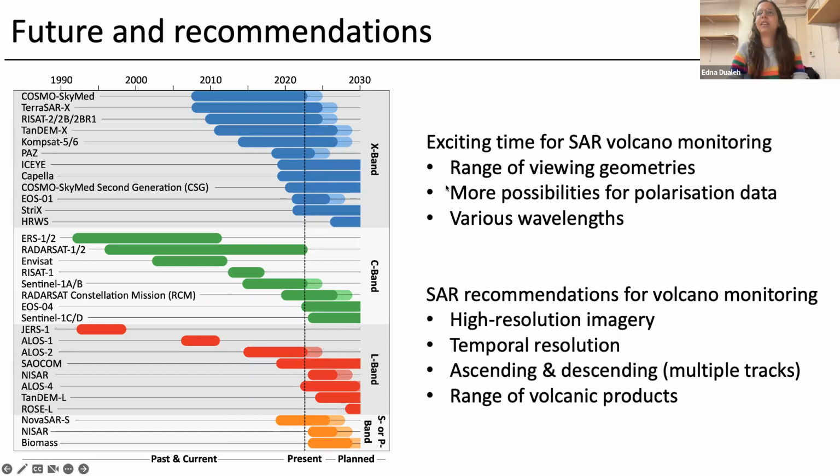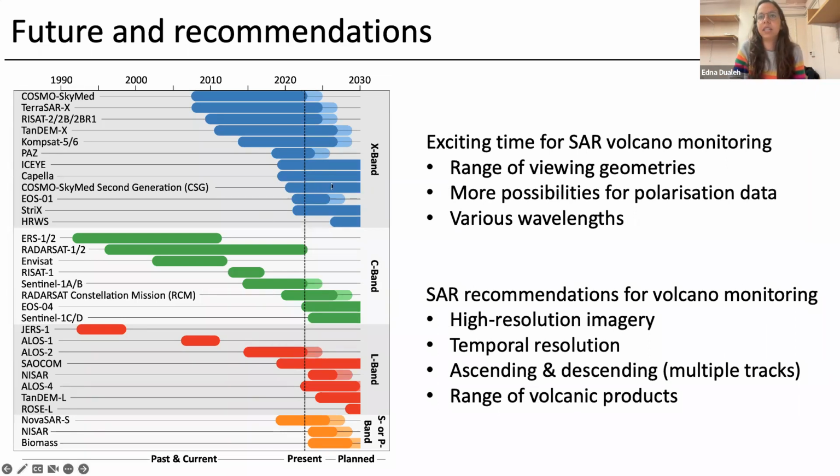With this, there are a lot of different viewing geometries, so you can look at a deposit from different directions, which sometimes helps understand how the ground is actually changing through time.